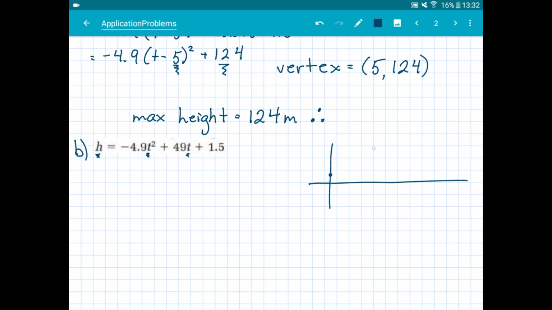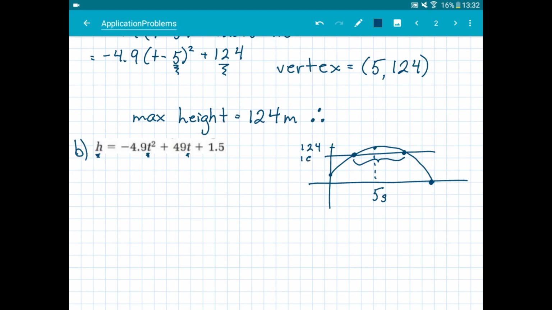So again, we know that we're here. We have actually a little bit more detail now. We know that this is 5 seconds in. It's at its max height of 124. So you can go up and down. Okay, it's going to hit the ground there. So somewhere in here is 100, and we want to know how long a time that is.